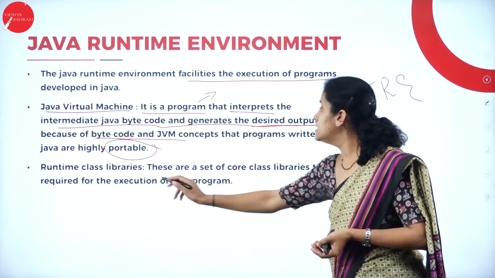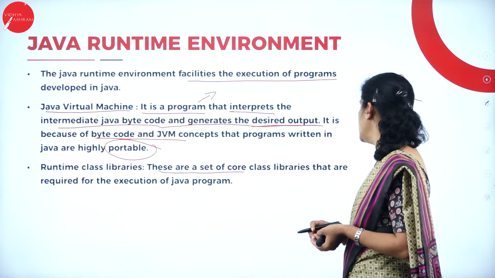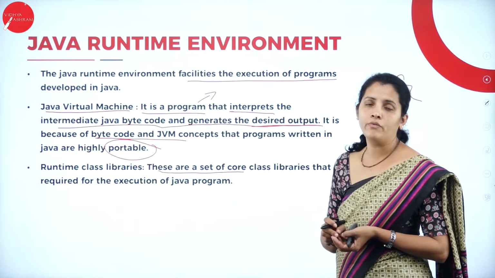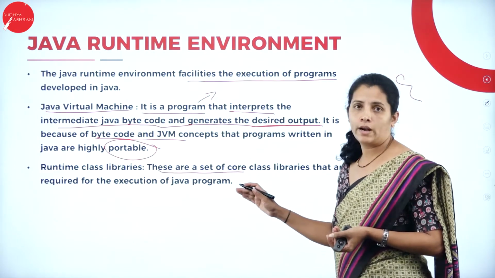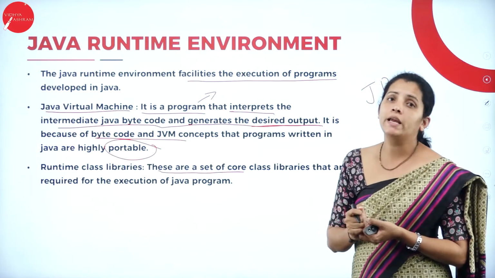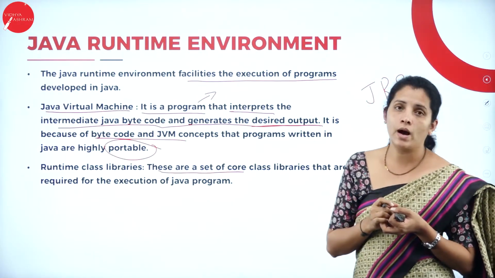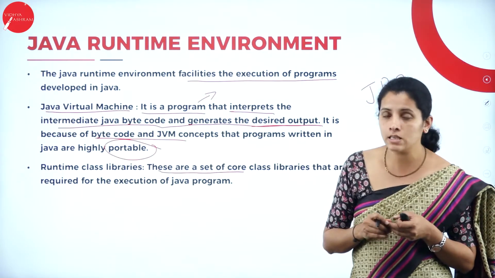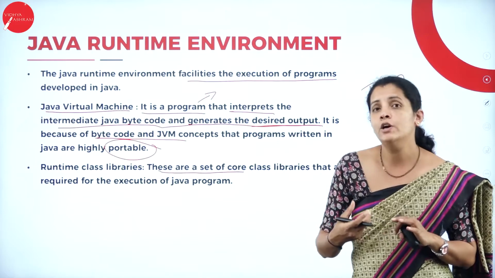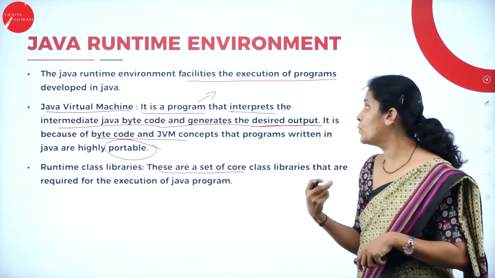These are a set of core class libraries that are required for the execution of a Java program. Whenever you want to execute any program written in Java, you require the runtime class library. With the help of the runtime class library, you are able to execute your Java program.